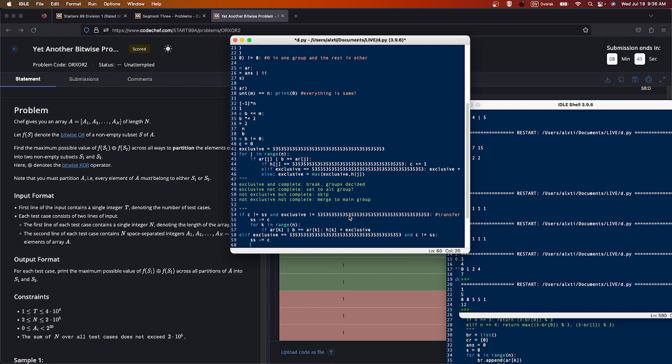Do we still want to subtract C? In the case we figured out prior, the exclusive would be 1.